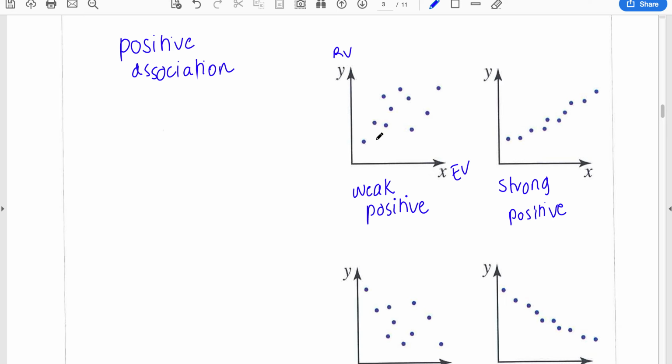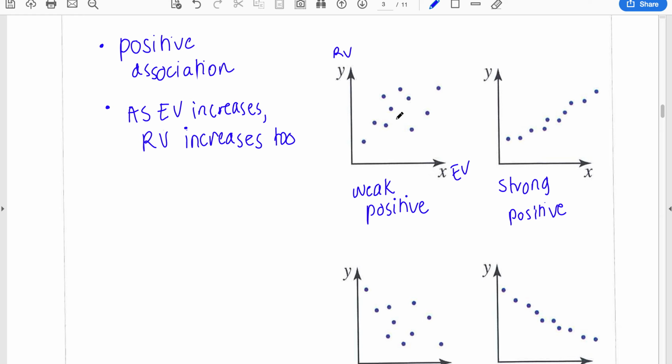So when these dots are drifting upwards, another way to look at it is that as EV increases, RV, the other variable, also increases. So they're sort of drifting together in the same direction.